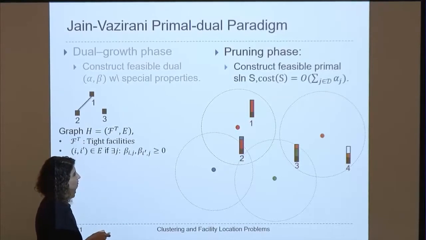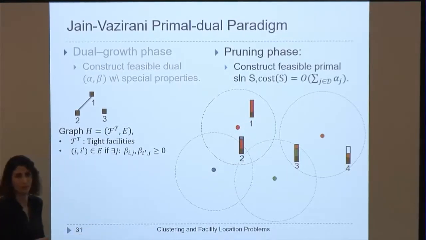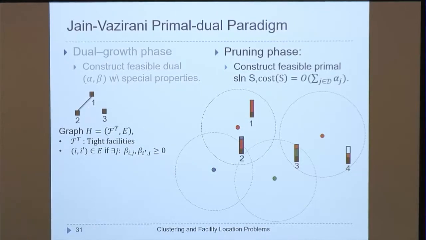And then we put an edge between two facilities, i and i prime, if there exists a client that makes a contribution toward opening of these two facilities. This should be strictly bigger than 0, so it makes a contribution towards opening both of them. For example, if you look at facility 1 and 2, the red client is contributing toward opening both of them. So we are going to put an edge between these two facilities.